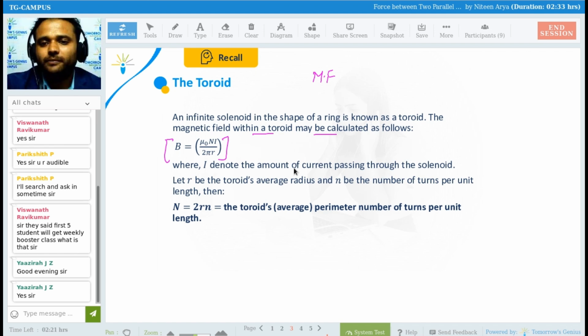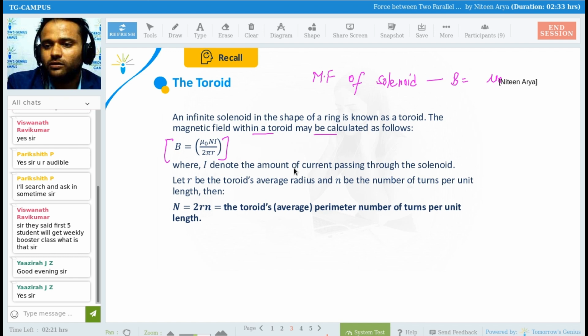Okay. So I am telling you that the magnetic field of a solenoid is B equals mu naught n i. I hope and believe you remember, everyone, how we derive that, where n is the number of turns per unit length.